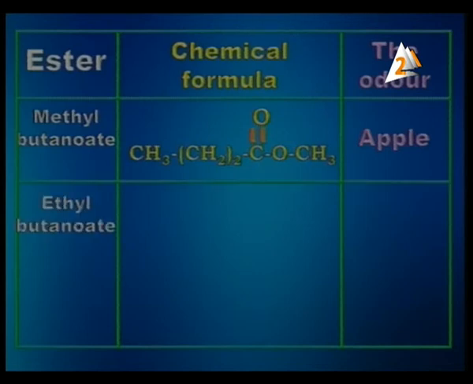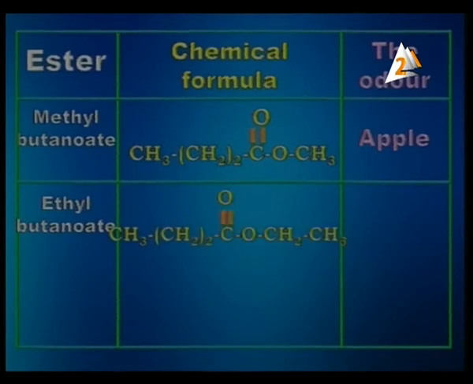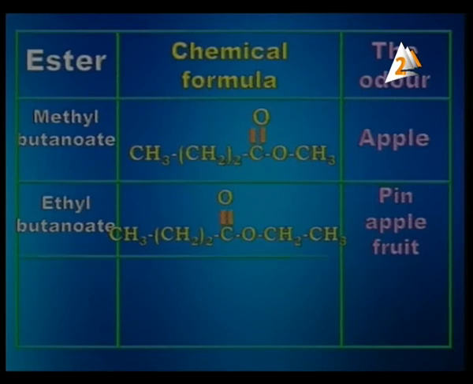Now, another one, ethyl butanoate. Ethyl butanoate has this formula: CH3, CH2 all by 2, COO, CH2, CH3. This odor is pineapple fruit. It's easy. Another one, we have a different one. What about benzyl acetate?